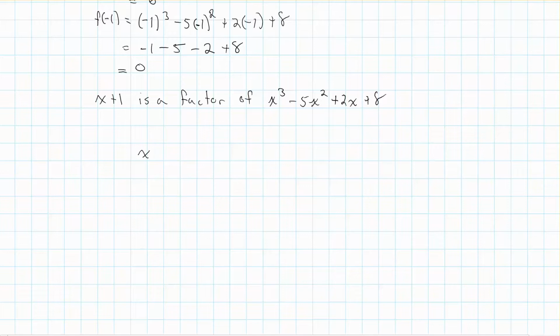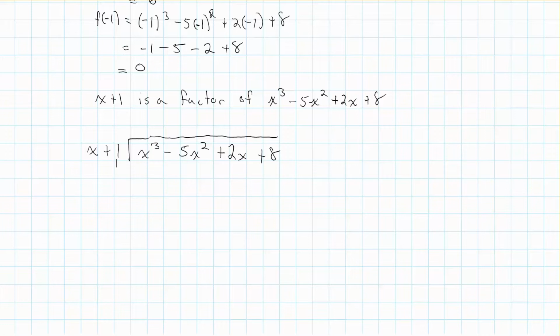So we have x cubed minus 5x squared plus 2x plus 8, divided by x plus 1. So we go through here.